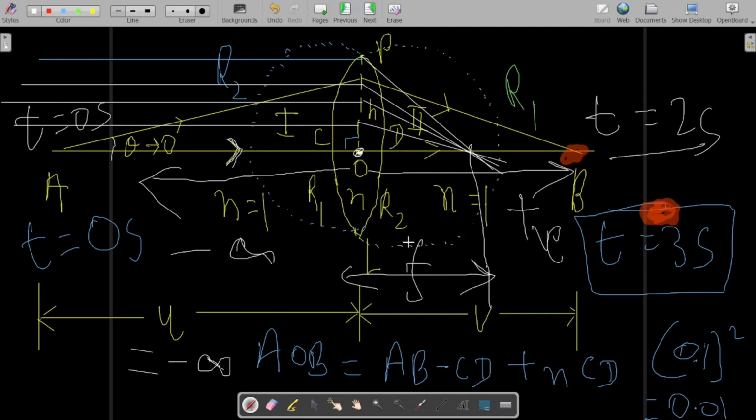This convention you must be knowing. As we move in this direction, I will take the values to be negative, and as I move in this direction, I will take the values to be positive. And my reference point is the center of the lens.